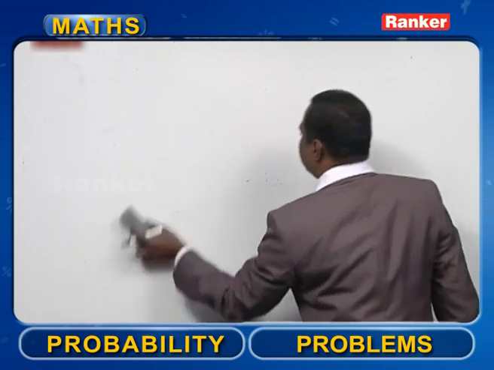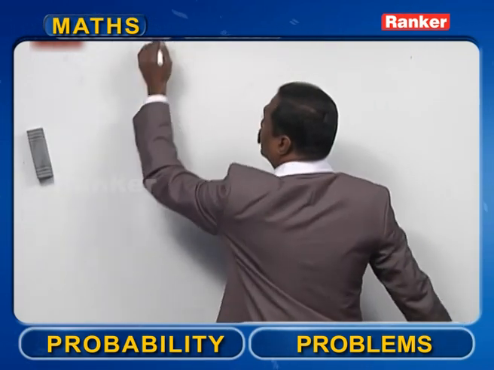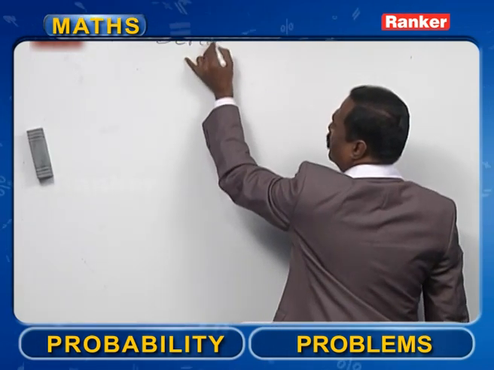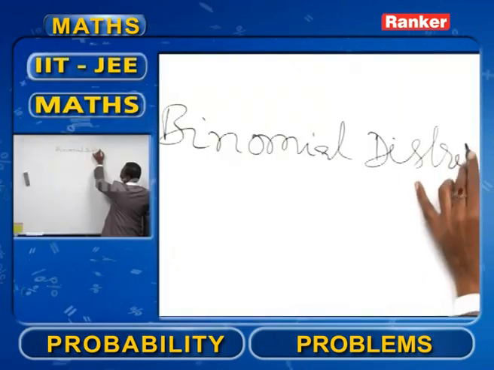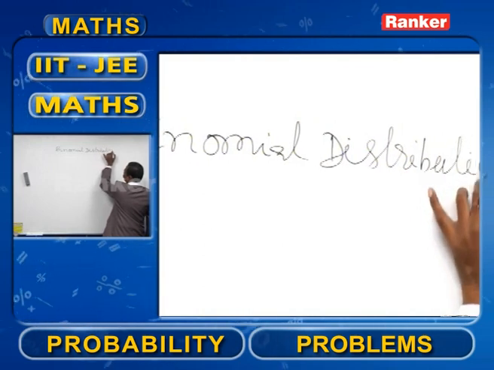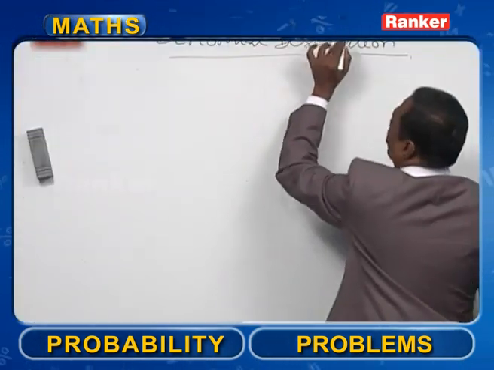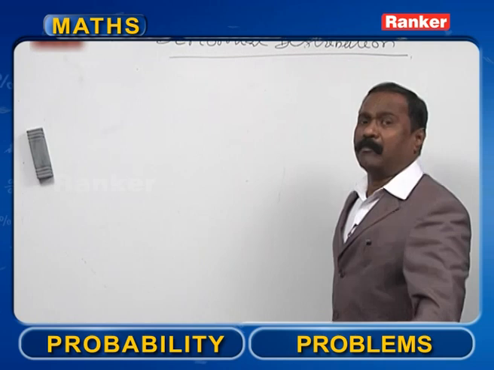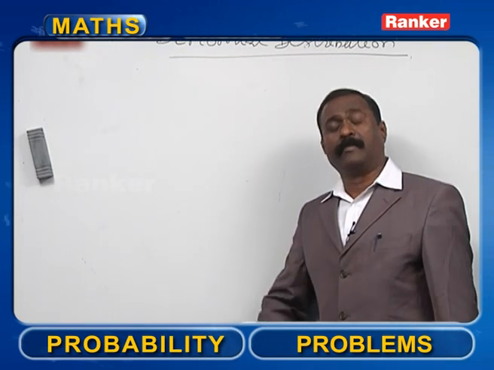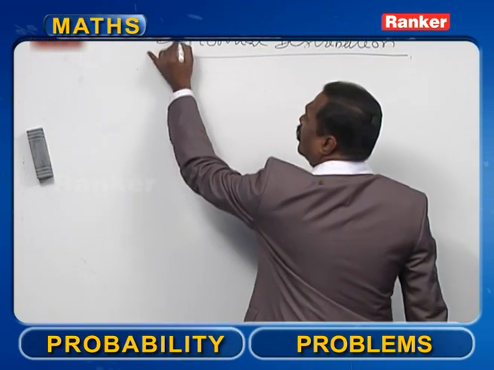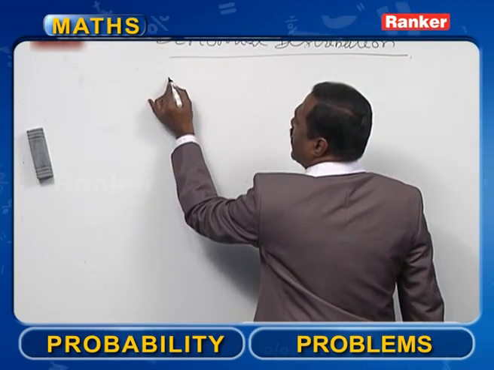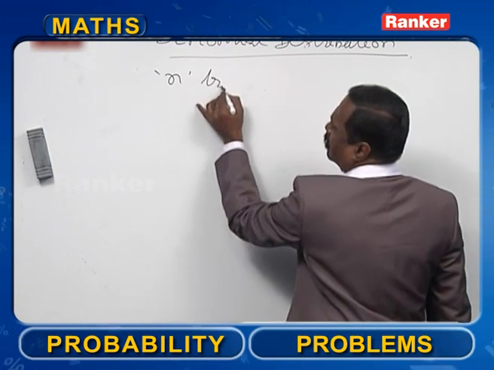So what are we discussing now? We are discussing the binomial distribution. What I said, if the number of trials is more, generally a sample space of up to 30, then we have to make use of binomial distribution. What I'm doing now, I'm conducting n number of trials.